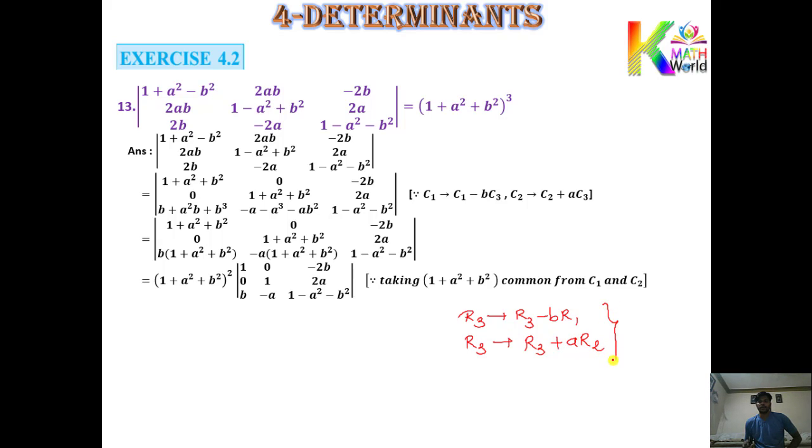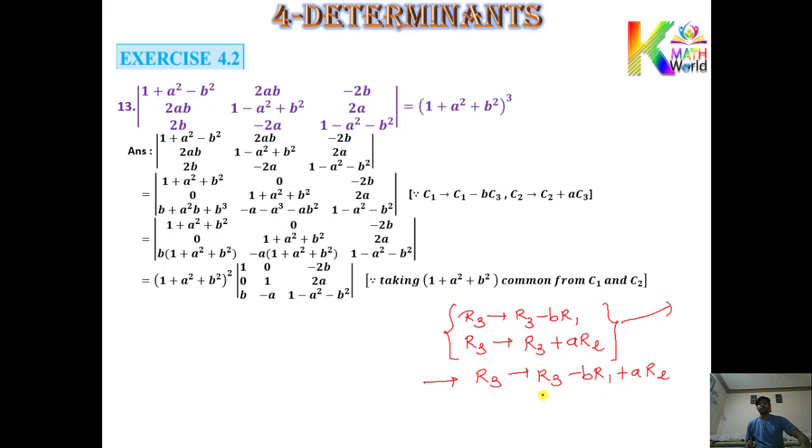It means you can perform two operations at the same time on R3. Okay, so or if you want to write two operations together combinedly, then you can write it as on R3 performing R3 minus BR1 plus AR2. So instead of writing this operation this way, you can write it a better way like this.